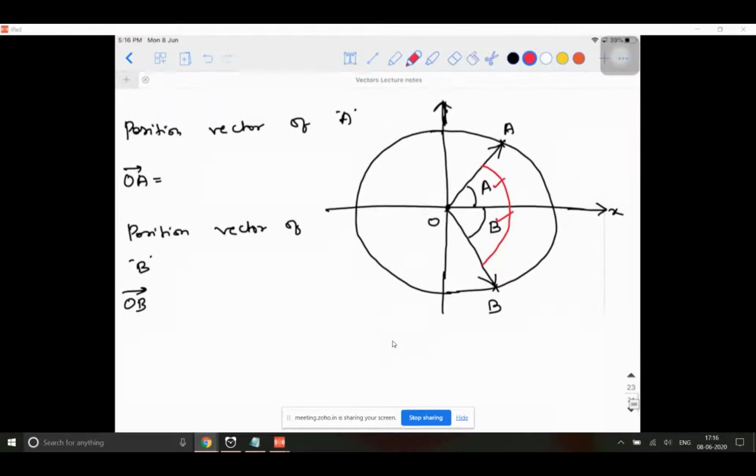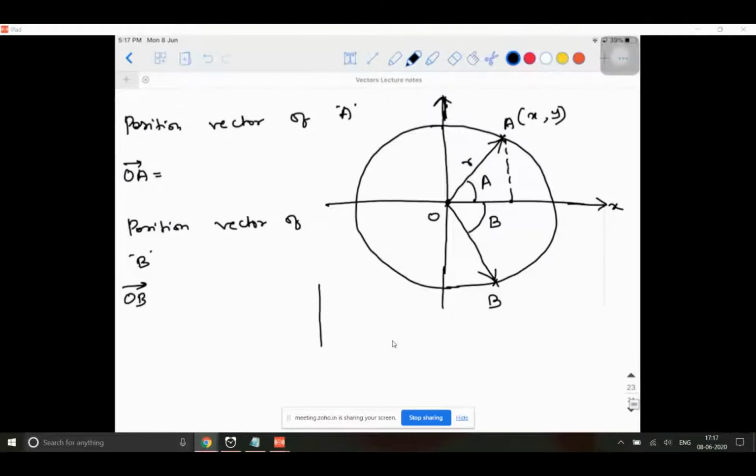Now, what I'm going to do is, from this point I'm going to drop a perpendicular. Let's say the radius of the circle is r. Then what are the coordinates of this point, x, y?